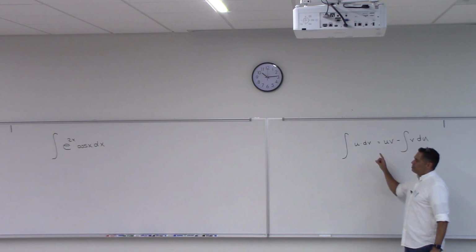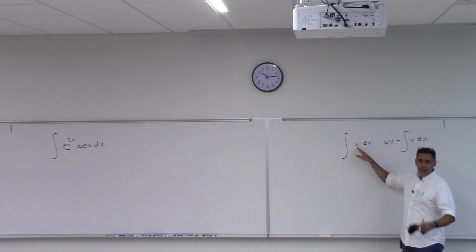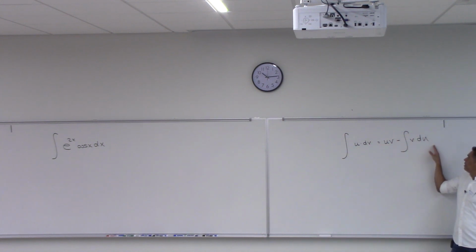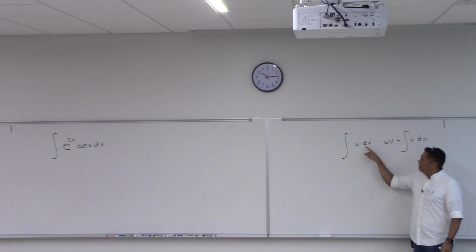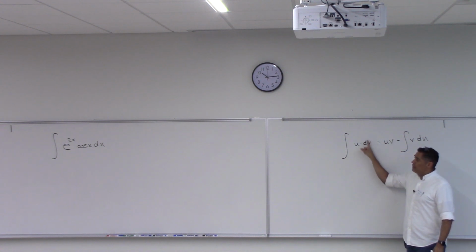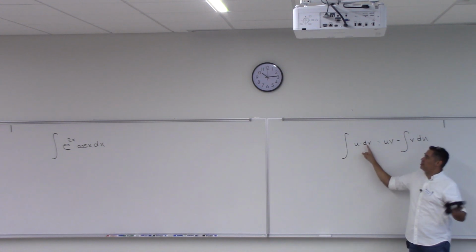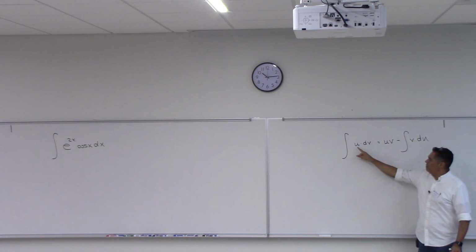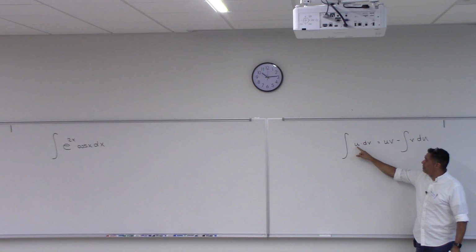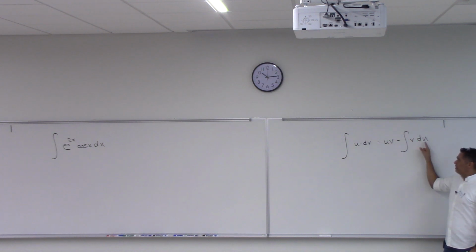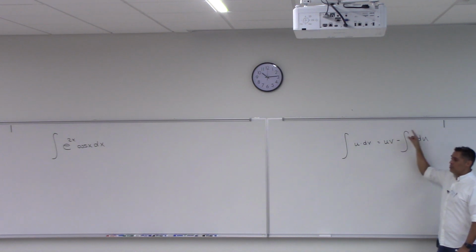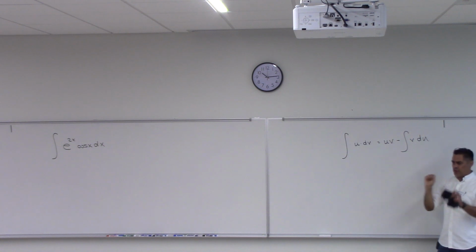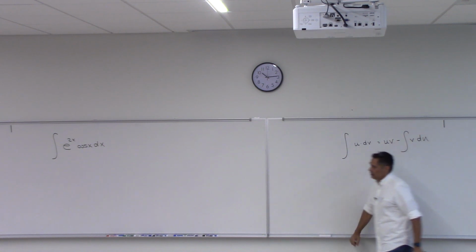So what we're trying to do is look at the integrand and identify some function u, that in the new integral we're going to be dealing with its derivative, and then in this original integral we're looking at the other function as the derivative of some function that's going to be in our new integral, right? So one of the functions we pick, in the new integral we see its derivative. The other function we pick, in the new integral we see its antiderivative, right? So it's transferring, switching of the derivative.